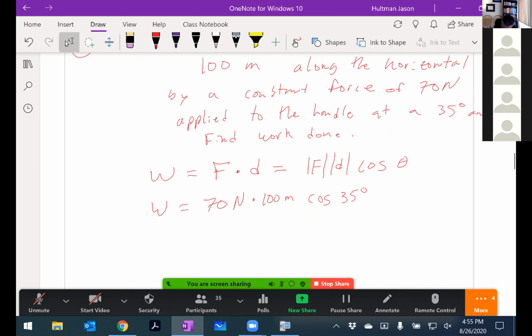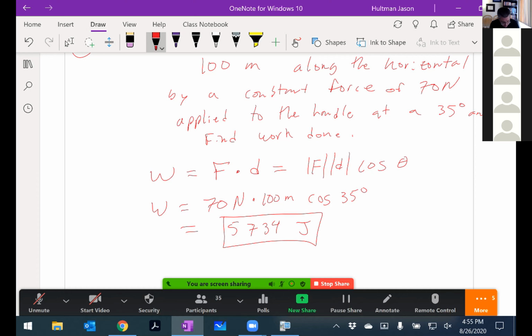If I plug this into a calculator, I'm going to come out with 5,734 what? Newton meters. No, it's not Newton meters. What's a Newton meter? Come on, Hong. It's a joule, exactly. Okay, it's a joule. Thank you.